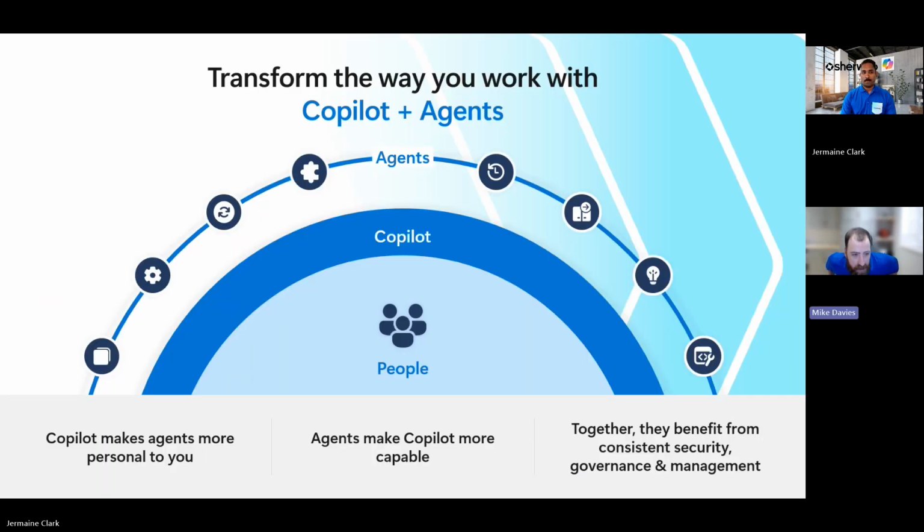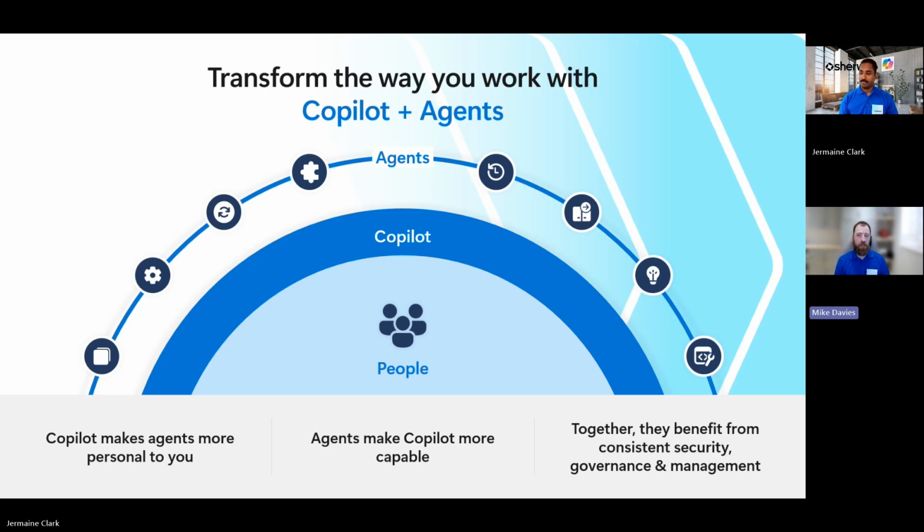But this is really where you've got the ability to define where agents are used. We see this really extending Copilot beyond just the ability to summarize emails or get meeting notes instantly as you come out of a meeting, which are all great features and help you with your productivity, save you time every day.